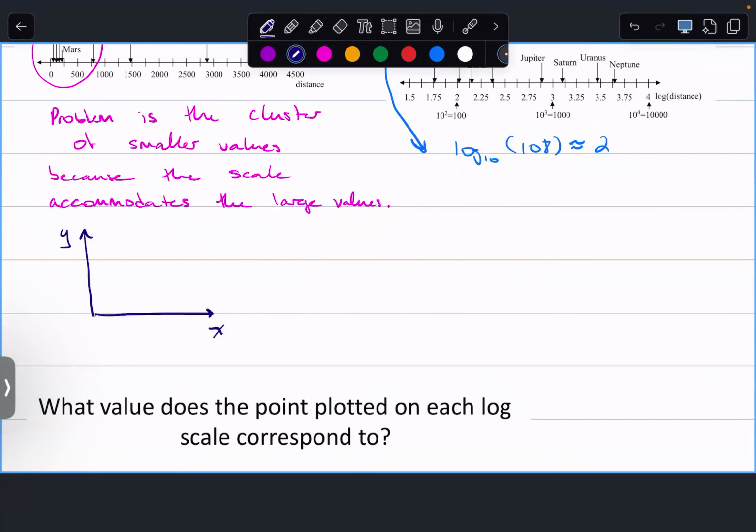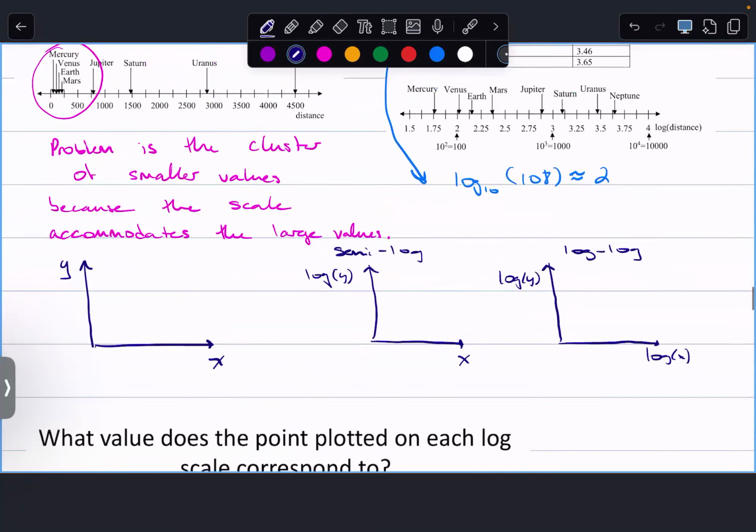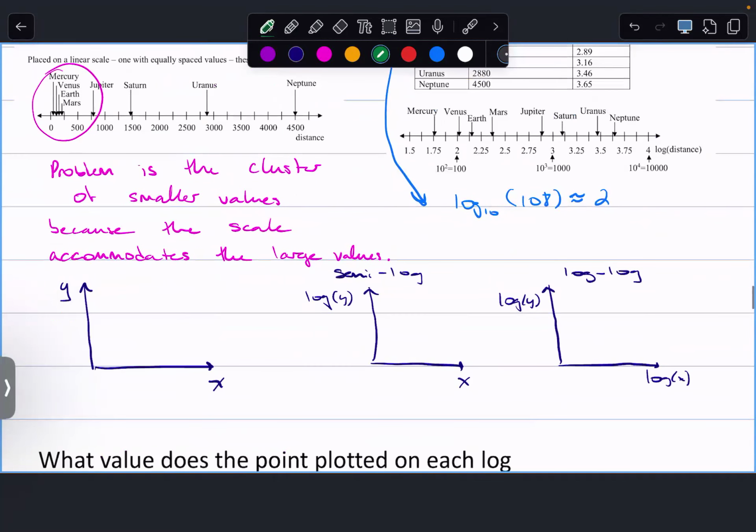You could have a semi-log graph, which would have the log of Y but still X, or you could have a log-log graph, which, you guessed it, has the log of Y and the log of X. Okay, so here we use the logs.